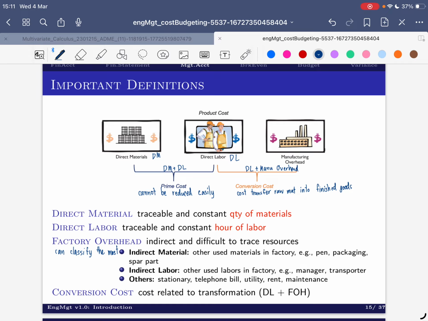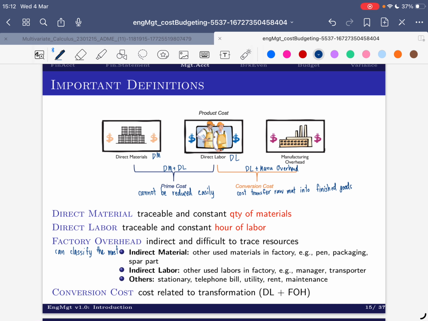For small and medium companies, this can be up to 70%. So if you are small, a high proportion of your cost will be factory overhead. Therefore, there's an incentive to divide it further into indirect material, indirect labor, and miscellaneous.